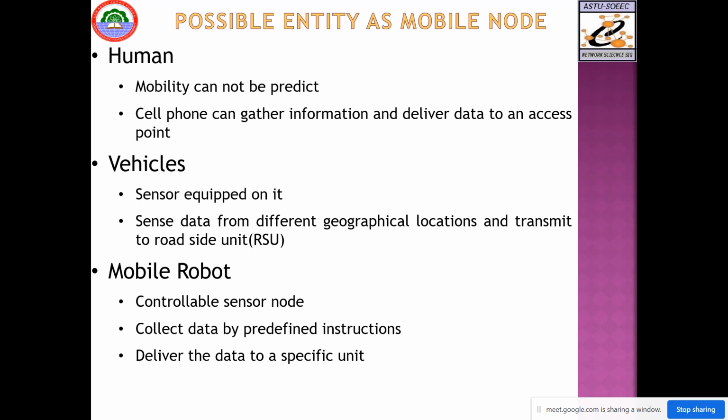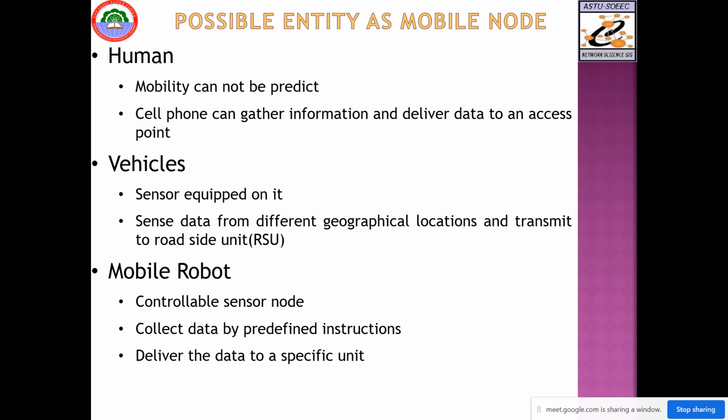When we come to human entity, we can easily understand the mobility due to humans. We are integrating the concept of mobility due to humans. That means humans can sense themselves, and it could be using mobile phones which have individual sensors. Because of this mobility of humans, we may have a mobile sensor node which is a human being.